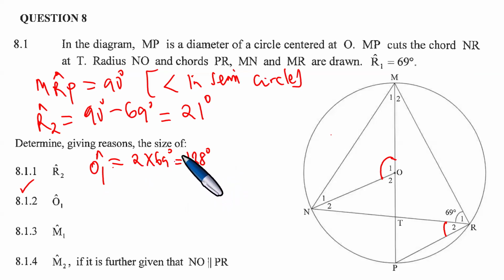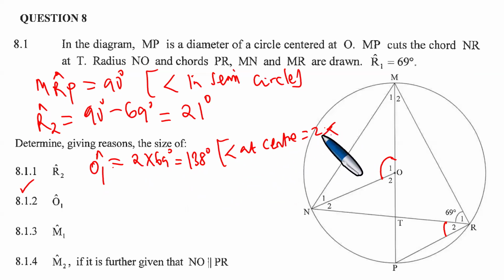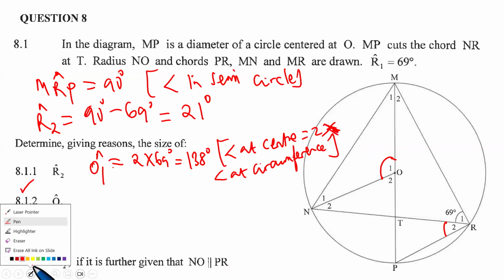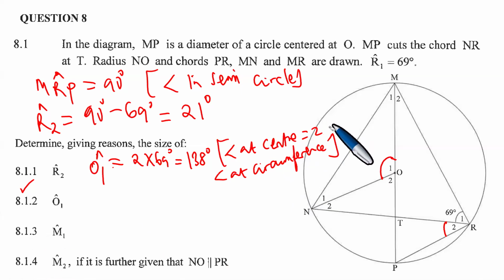What is the reason for this? Angle at center is 2 times angle at circumference. Well done.